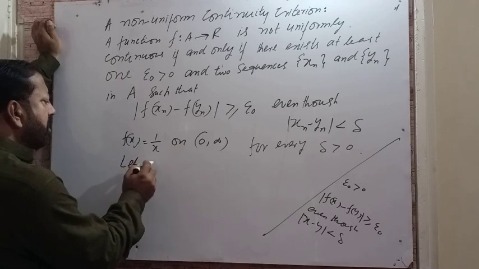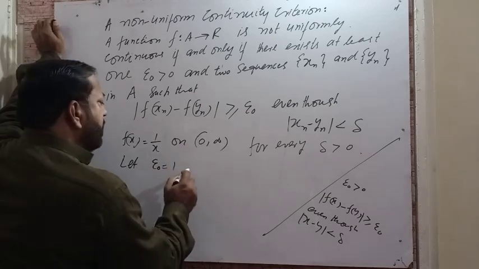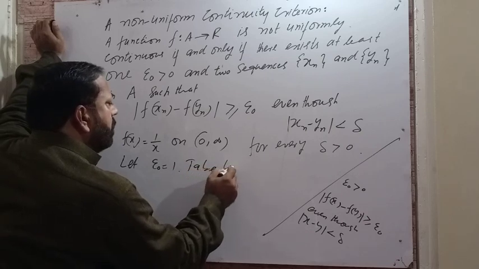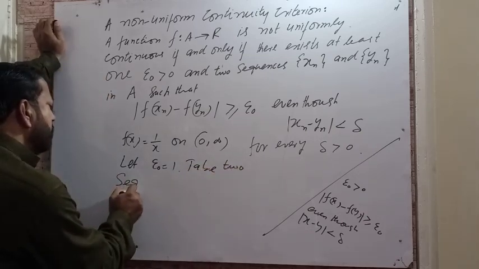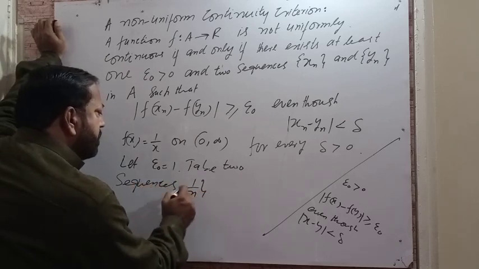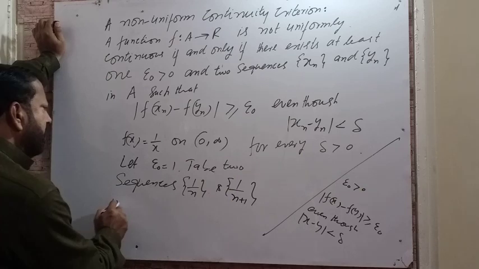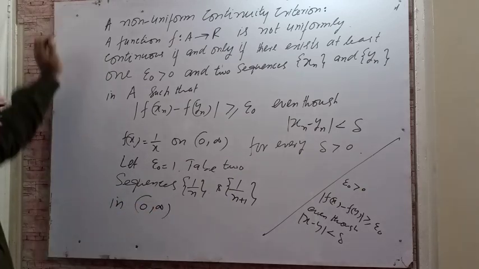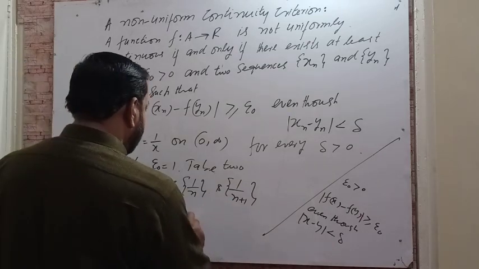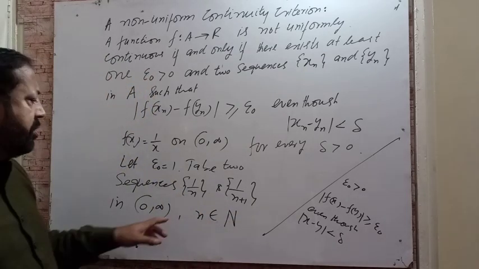Let epsilon naught equal 1, and choose two sequences in this domain. You can choose 1 over n, and 1 over n plus 1, in (0, infinity), where n belongs to the natural numbers.